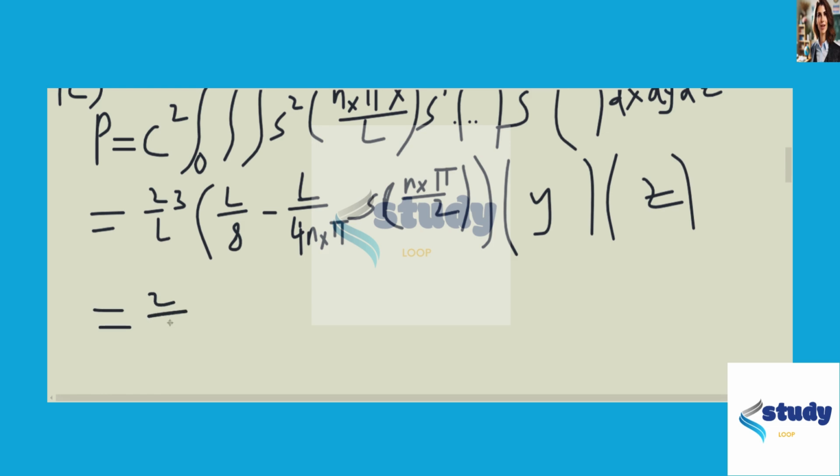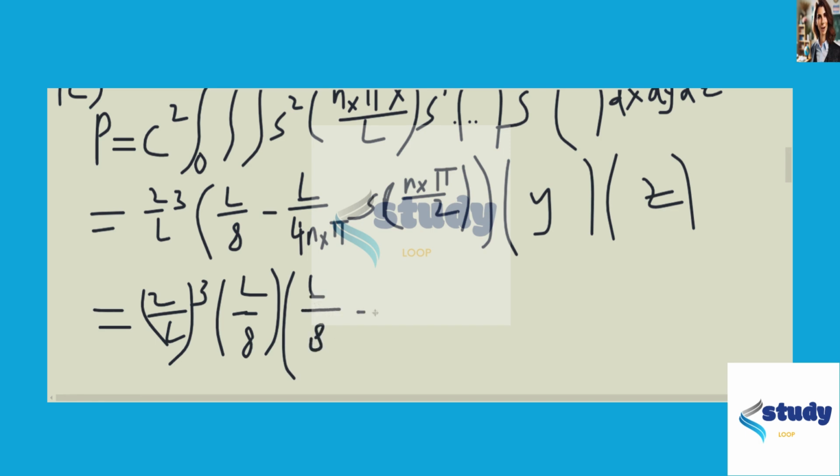2 over L to the third times L over 8, which is common to all of them, so pull that out, minus L over 4 times this value.